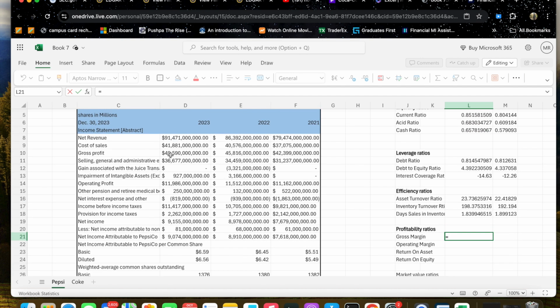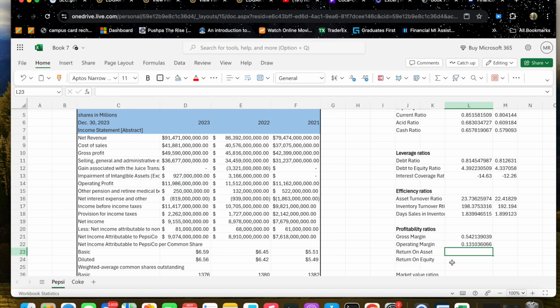Now we'll move to the profitability ratios. They define how profitable the company is. So we have to divide everything by sales.